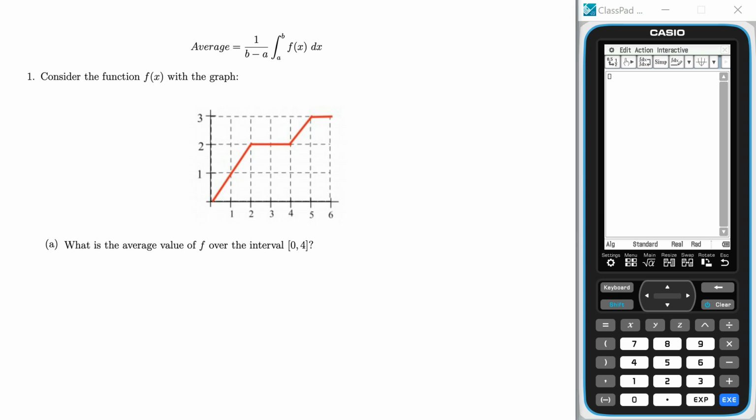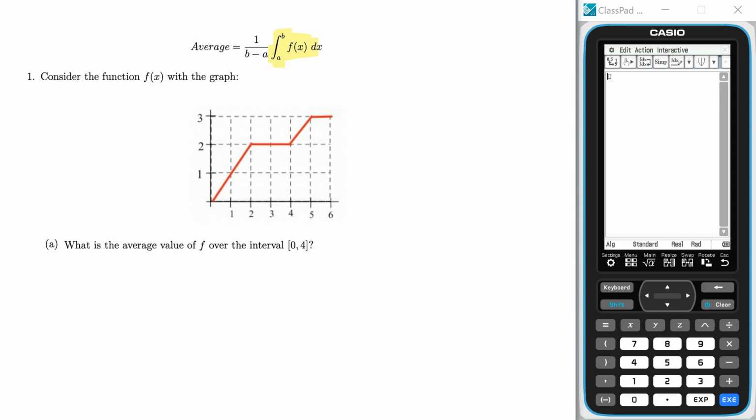For this graph, we need to find the average value of f over the interval from 0 to 4. One way to find the average value for this function is to realize that this section of the formula, the integral from a to b of f of x dx, actually evaluates the area enclosed by the graph and the x-axis.